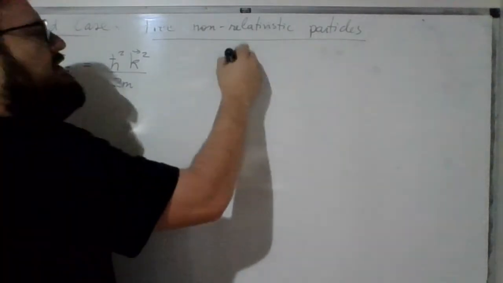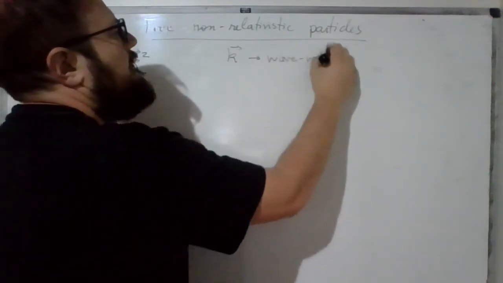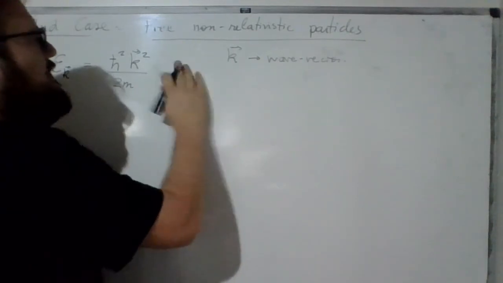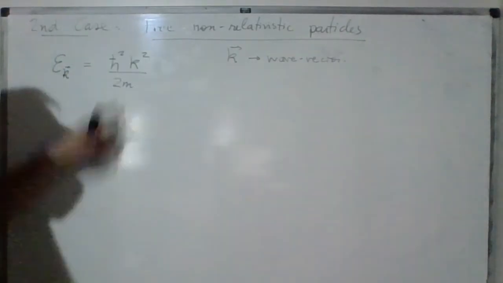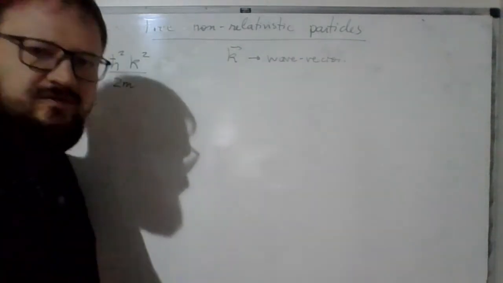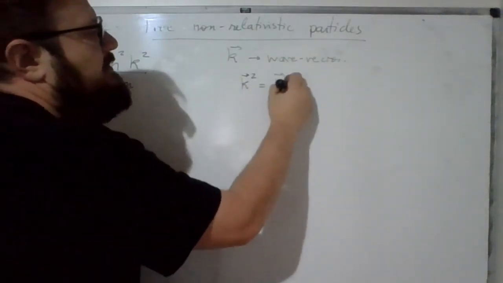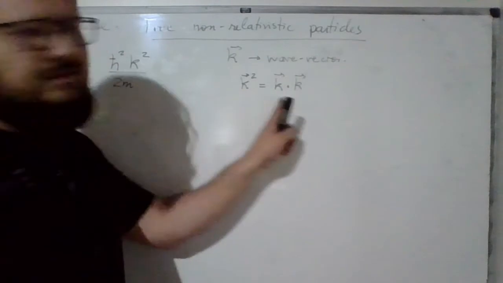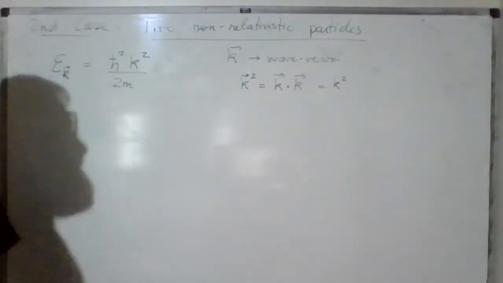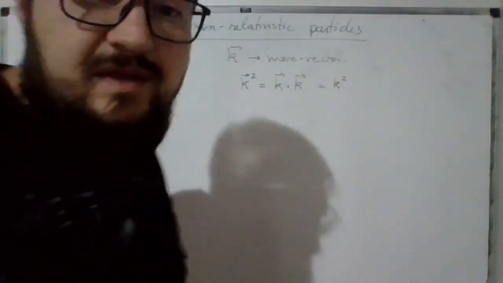So k is the wave vector, and usually we do not write the arrow representing the vector, because k squared is just the scalar product of k with itself, and it produces the modulus squared of that vector, supposing, which is the case, that the vector k is a real vector.